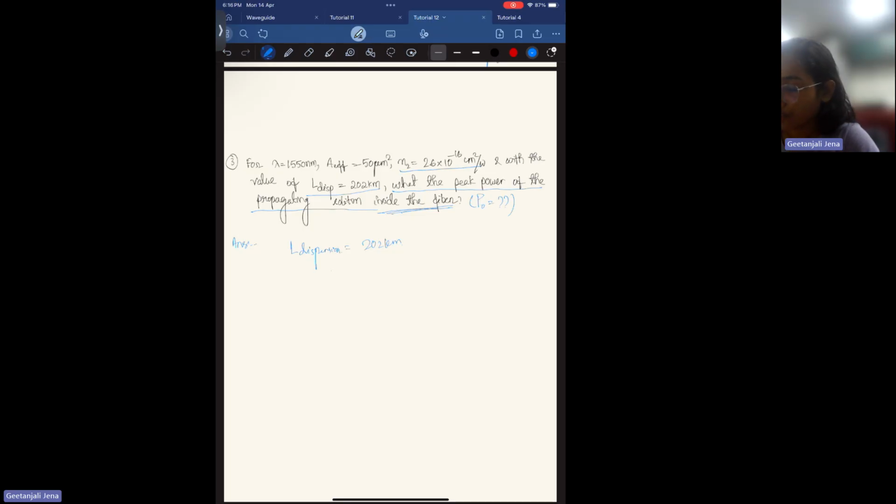So for this, N is 1, and we can equate LD with LNL. So 1 by gamma P0 should be equal to T0 squared by beta 2. That means P0 is mod beta 2 by gamma T0 squared.